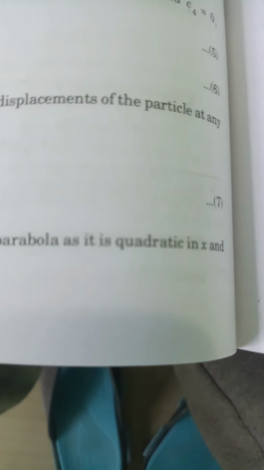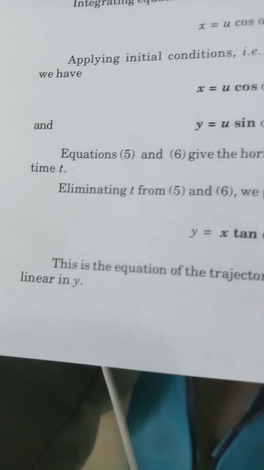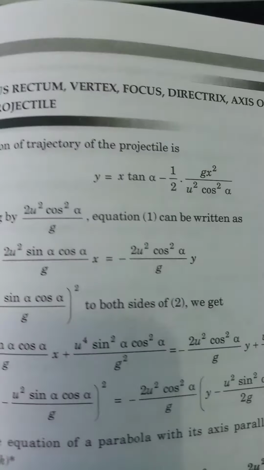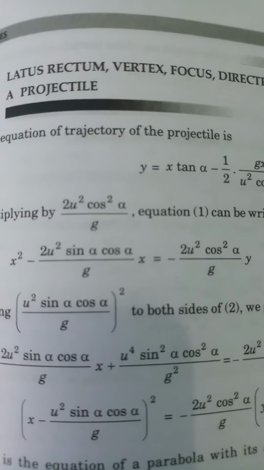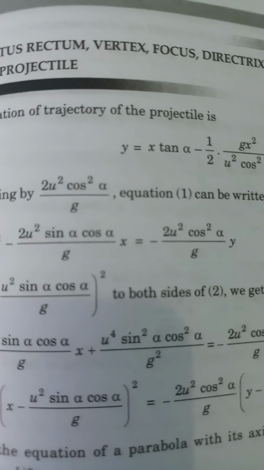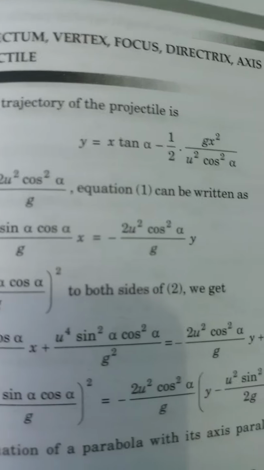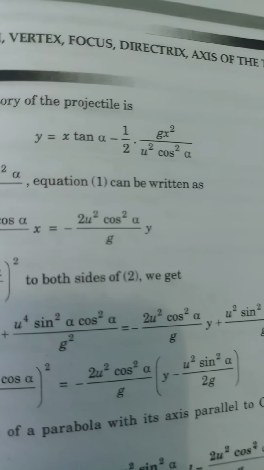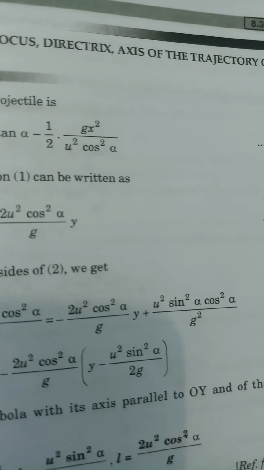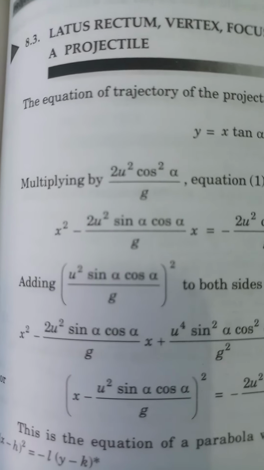This is the equation of trajectory and represents a parabola, as it is quadratic in x and linear in y. Now let us find the latus rectum, vertex, focus, directrix and axis of the trajectory of a projectile.